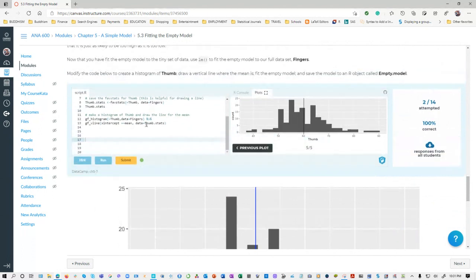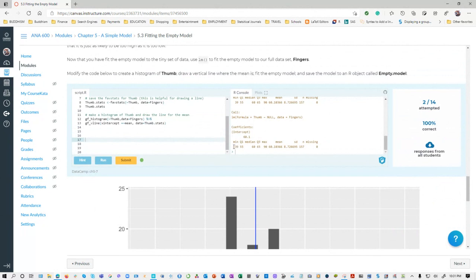From the thumb stat, go to this one like a data set, go to the mean and pick that. That's what it says to draw that line. If you do it like that, you have to put thumb stat. If you write it this way for the vertical line, x-intercept mean, you're going to go inside the fingers data, the original data set, and then find the thumb.